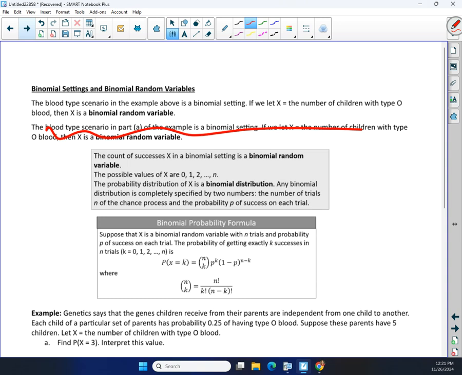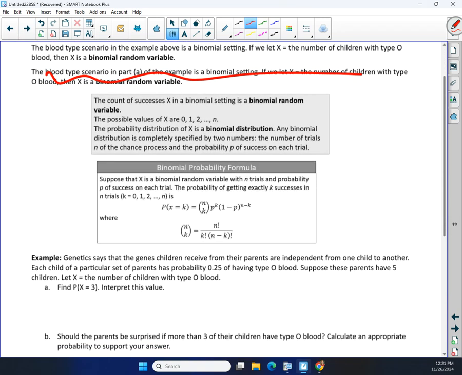Suppose that X is a binomial random variable with n trials and probability p of success on each trial. The probability of getting exactly k successes in n trials, k equals 0 up to n, is the probability of X equals k. And here's the formula. It looks confusing, but it's not.